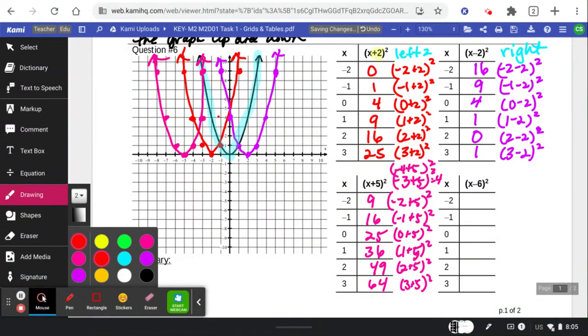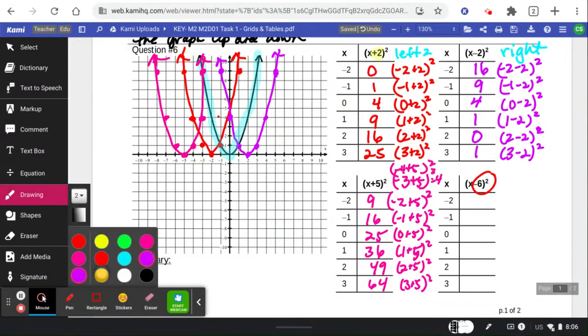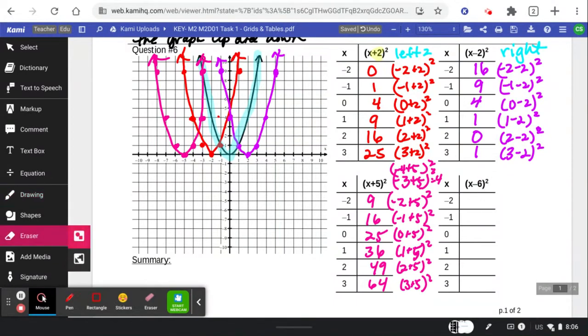Okay, last one is x minus 6 squared. Without even doing the table, can you envision that a minus 6 shift is going to shift right 6? Take your original origin and go 1, 2, 3, 4, 5, 6. But let's go get some dots on the table and see what happens. Here we've got negative 2 minus 6, which is negative 8 squared, or 64.